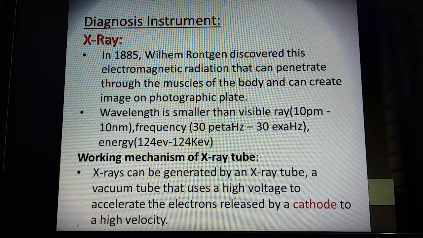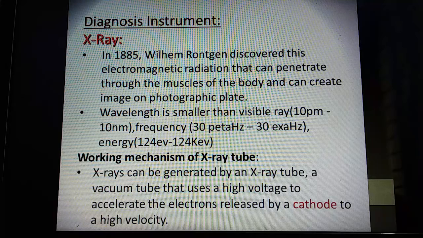So we will try to know details about those instruments. First of all, we will try to know about X-ray. Though there was a discussion about X-ray in our regular class, I just want to review the topic again here. What was the X-ray?